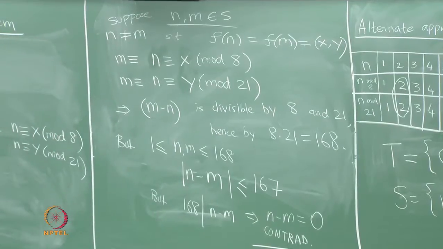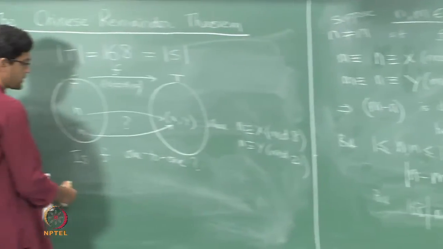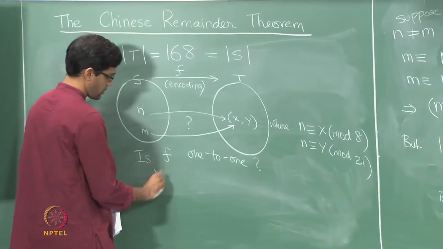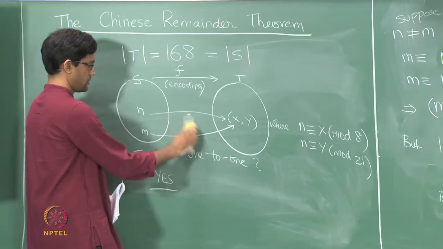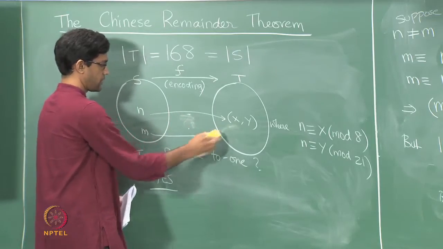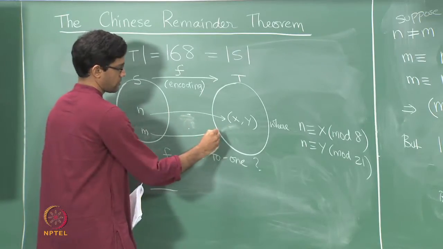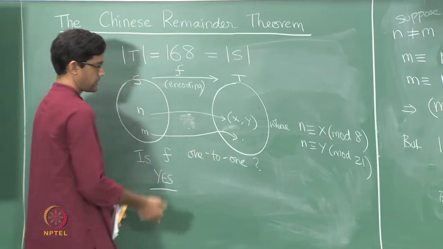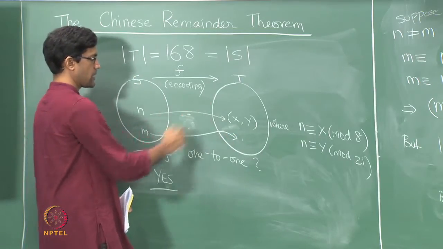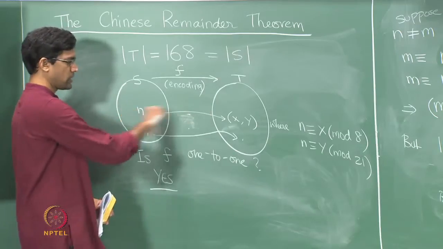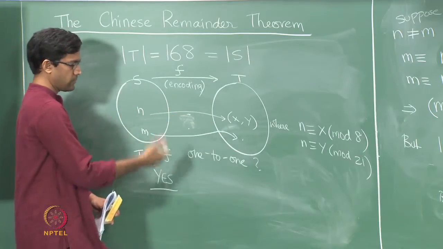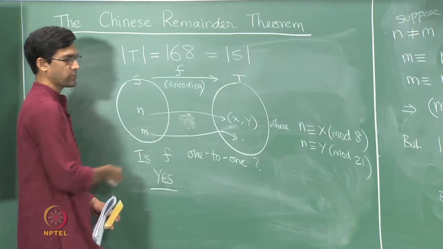And what does it imply? Let's come back to this function here. So we have just concluded that yes, f is one-to-one. So this can't happen. So this fellow had better go to a different point. But now recall that both these sets have the same number of elements. Both have 168 elements. F is a one-to-one function, which automatically implies that f is an onto function.